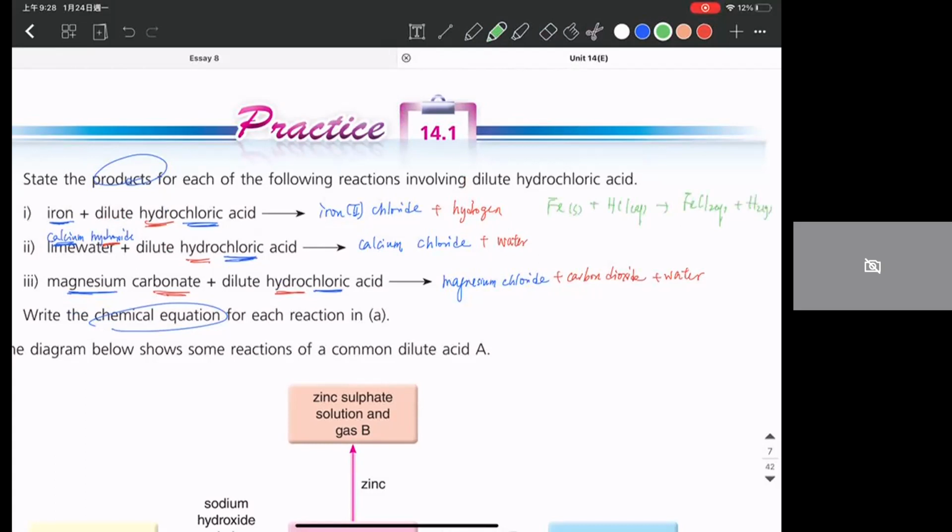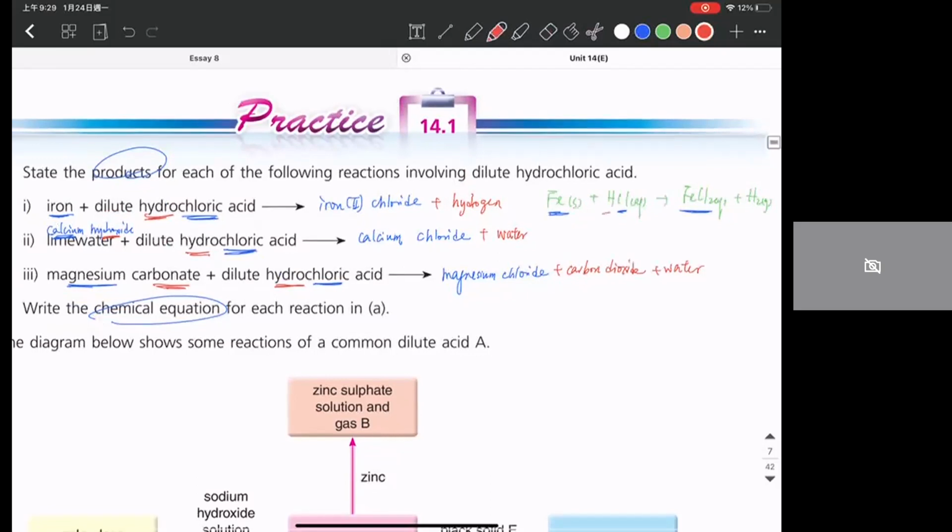Now, if you take a look at that in blue, iron chloride and iron 2 chloride, hydrogen ion, hydrogen gas. It's very similar to a word equation. So you do the same. Can you do the same for the others?